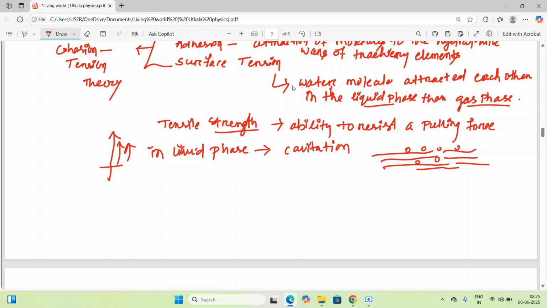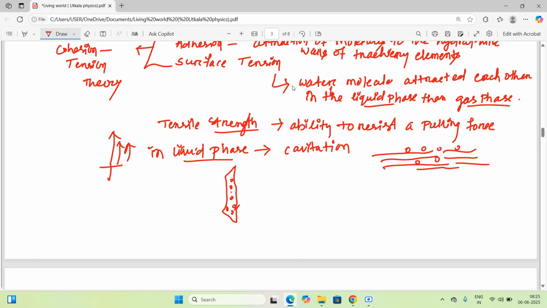Okay, then it is more common in wide vessels. If the vessels are wide, so the gas bubble is present in the vessel more than in the tracheids. Okay, and can occur during stress or when xylem sap freezes in winter.